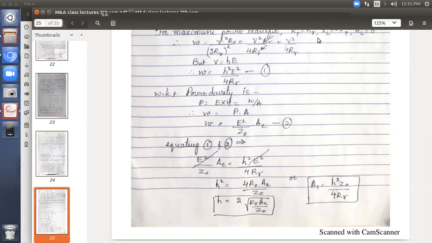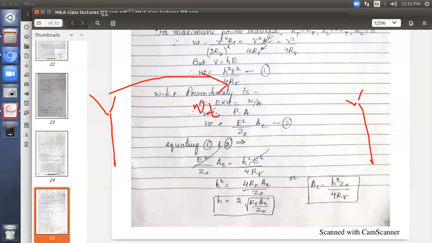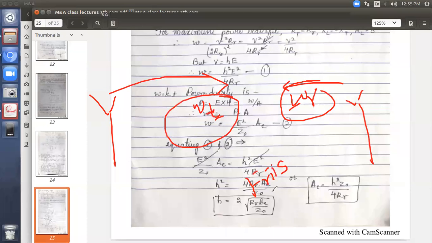It is no doubt not an antenna parameter, however, this Friis formula will give you the relation between the radiated power from the transmitter and the received power. Assume that this is your transmitter and this is your receiver antenna, and this is your WT and this is your WR, transmitted power and received power. Friis is the name of the scientist.